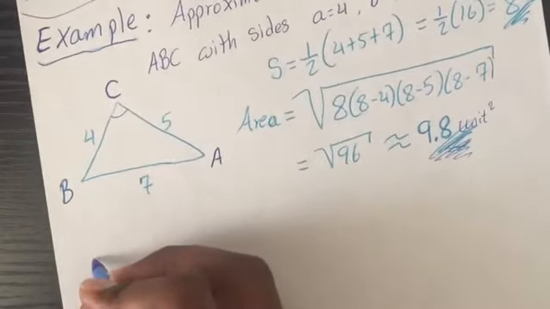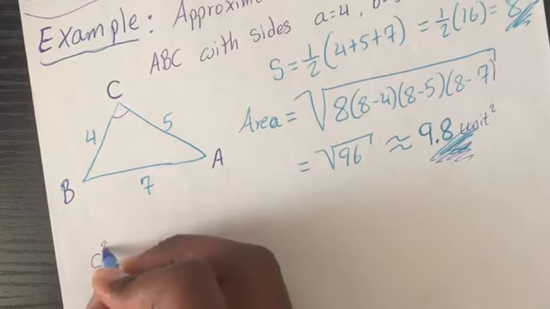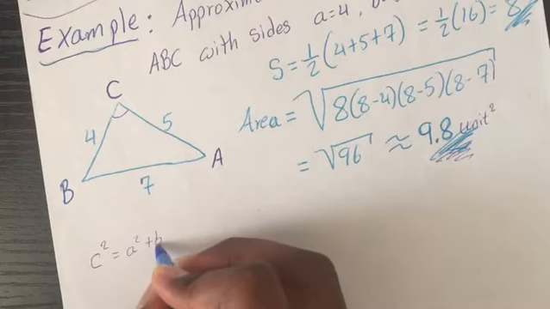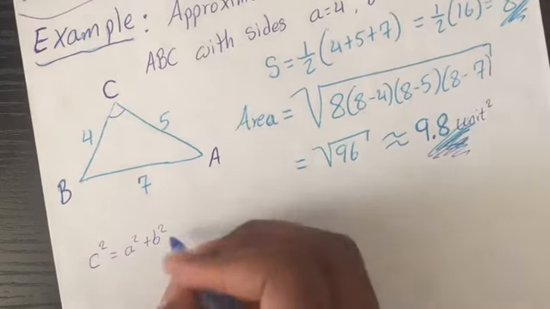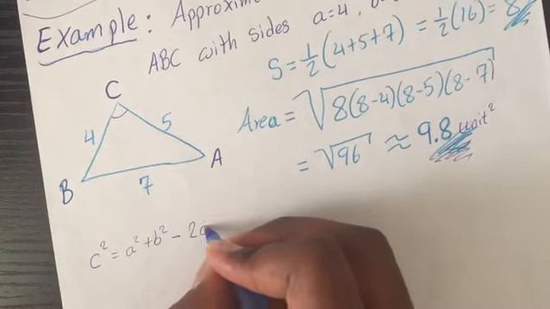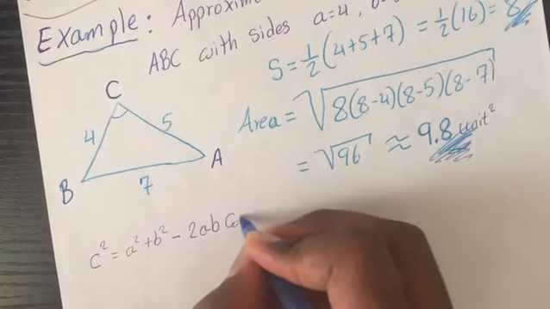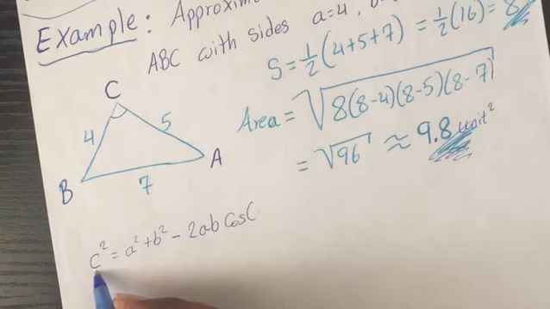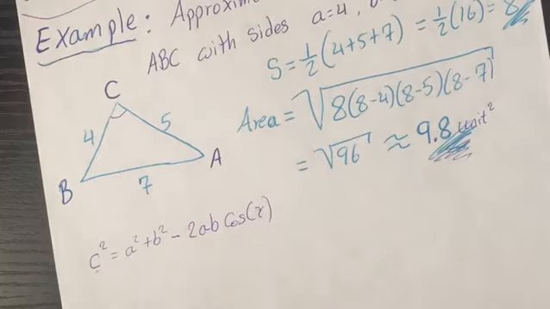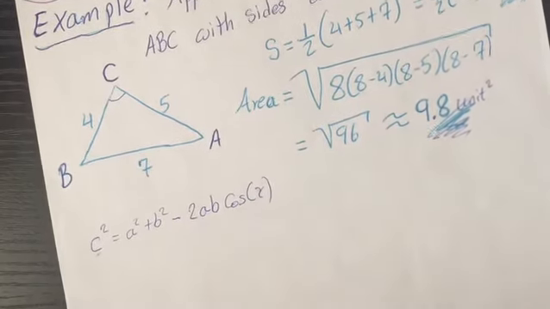So to start this off, the law of cosines says that C square is going to be equal to the other 2 sides square, the sum of those 2, minus 2 times AB cosine of angle, this right here, gamma, which is what we use for angle C. And plug in what you know.